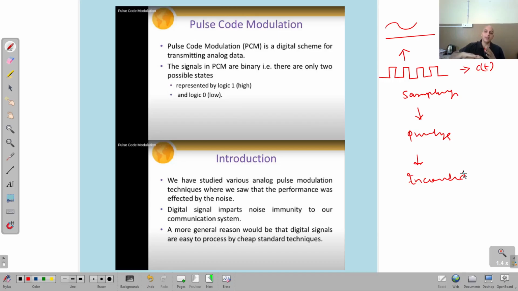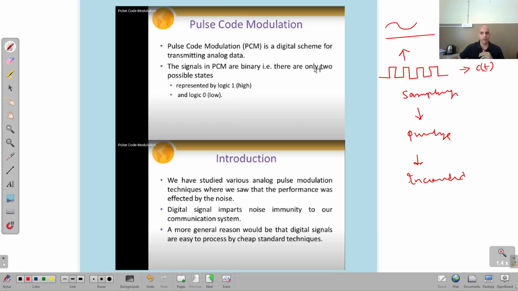Then that signal will be sent through the transmission line and received at the receiver end, where it will be decoded and the original information will be recovered.